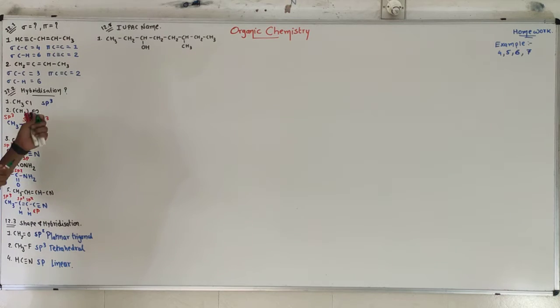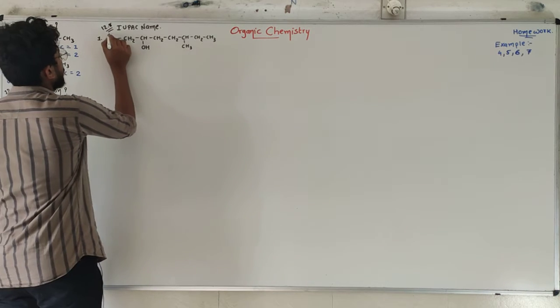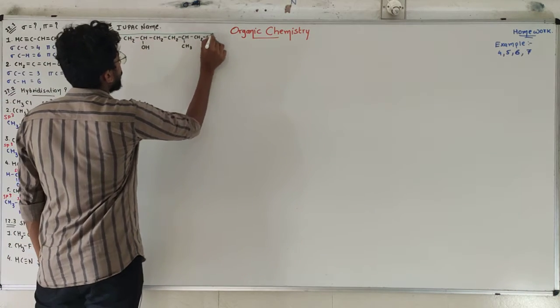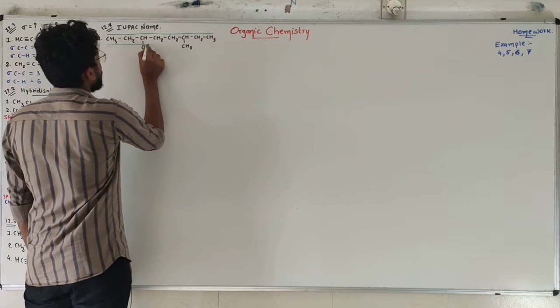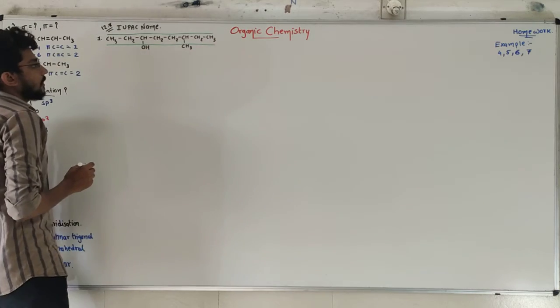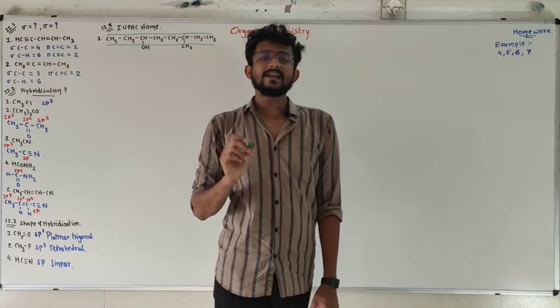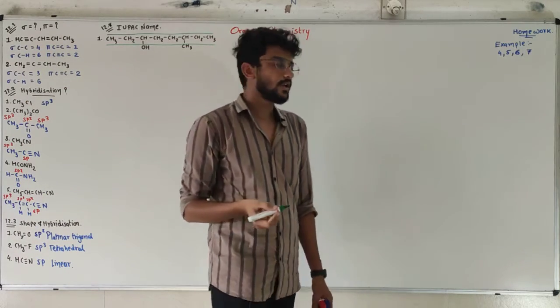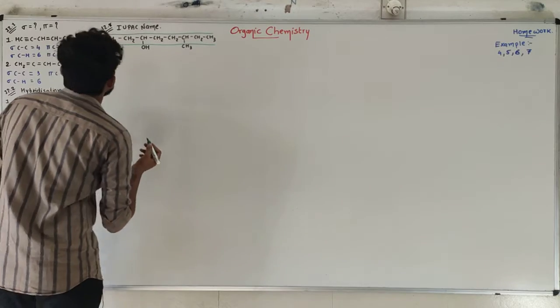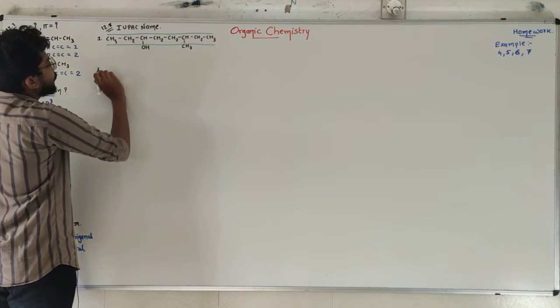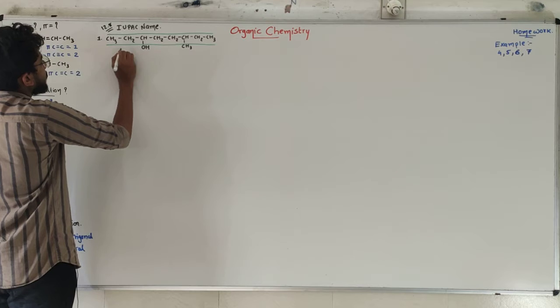Okay, the first rule, find out the longest chain. So this will be our longest chain for the compound given. Give the number according to the least number to the functional group. The hydroxide functional group is that, so least number to the hydroxide.